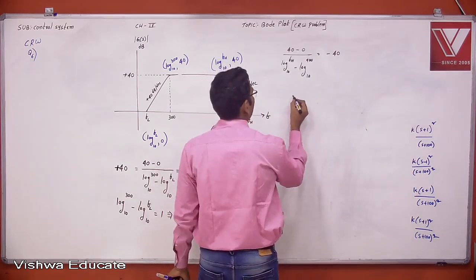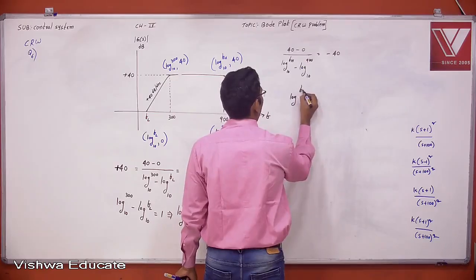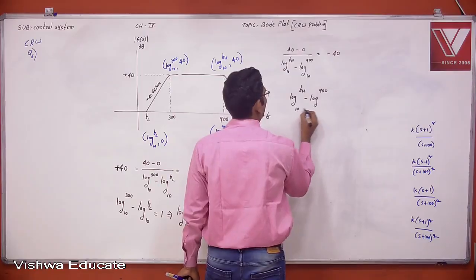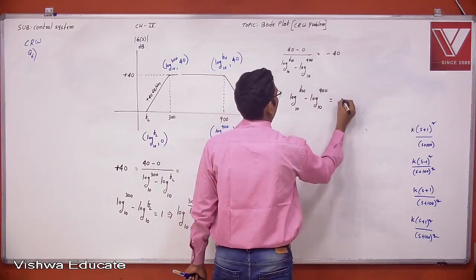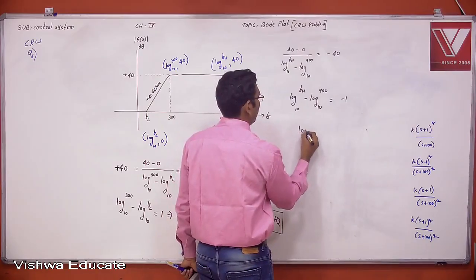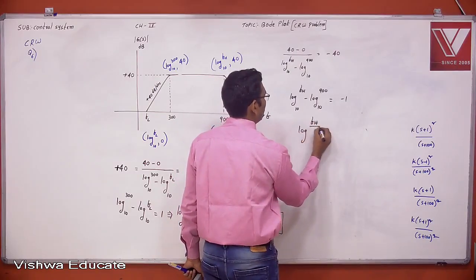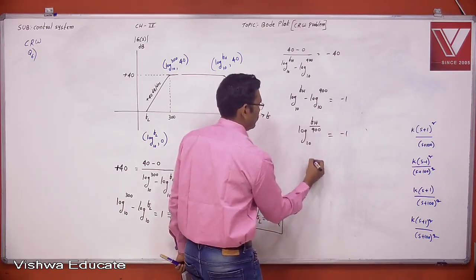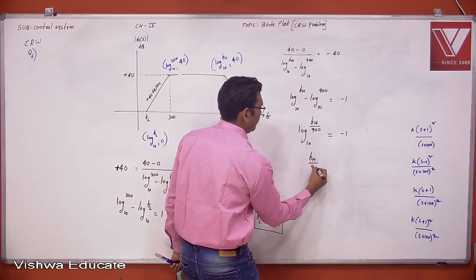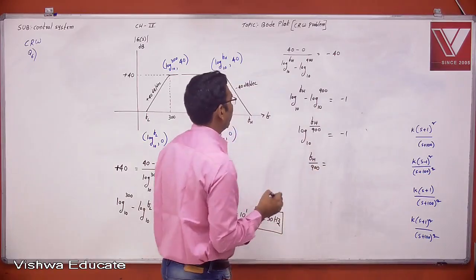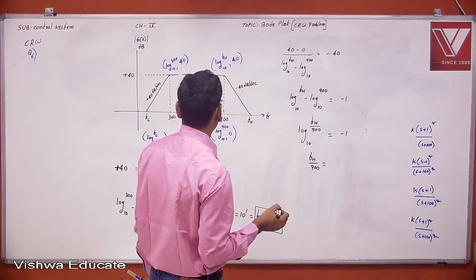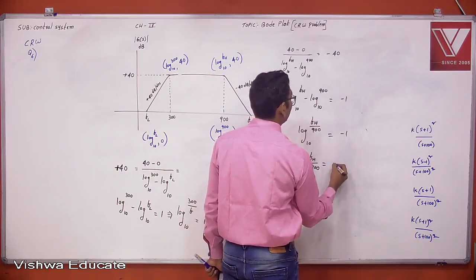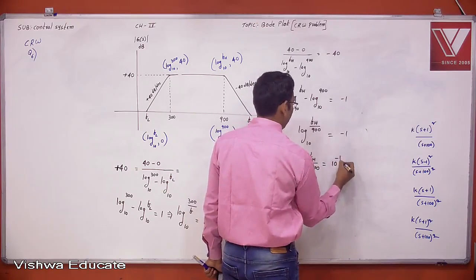So minus 40 cancel, log FH minus log 900 is equal to minus 1. Therefore log FH by 900 is equal to minus 1. So FH by 900 is equal to 10 power minus 1.